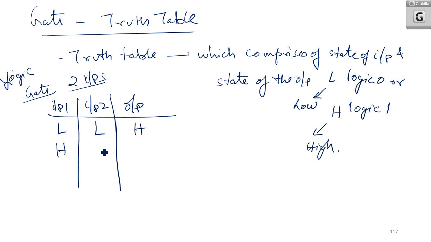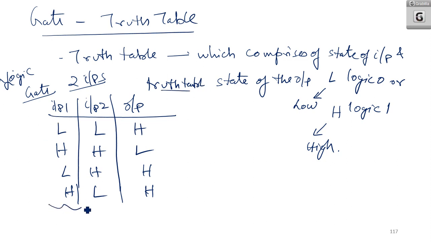Another option is if both are high, I can make it low. If one is low and one is high, I can make it high. And if one is high and one is low, I can make it high. This is how you represent a truth table. The left side columns are inputs and the extreme right gives the output. Hope you have understood the concept of a truth table.